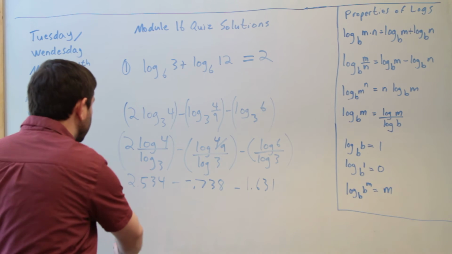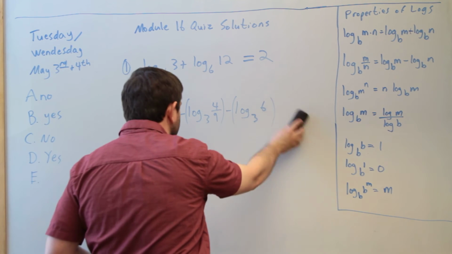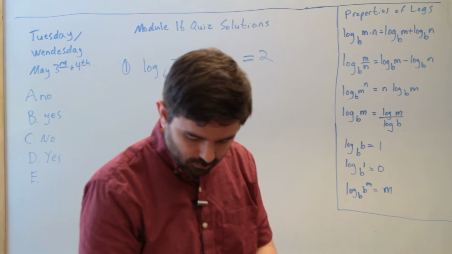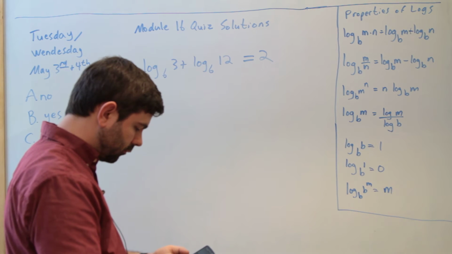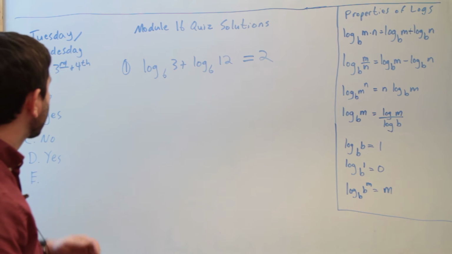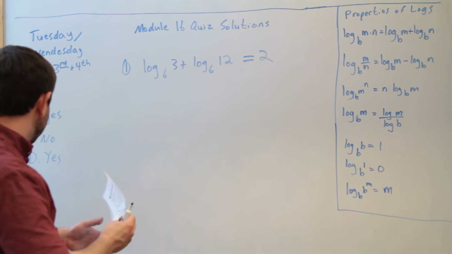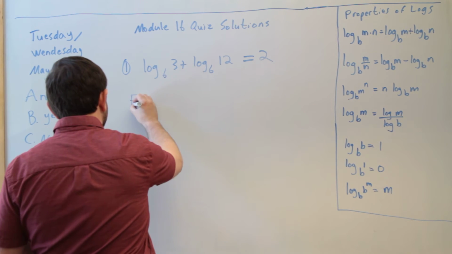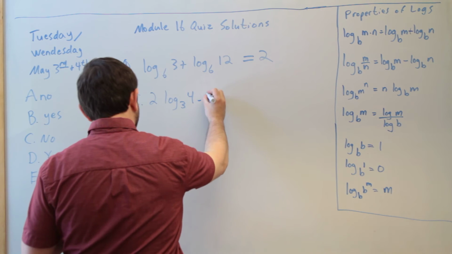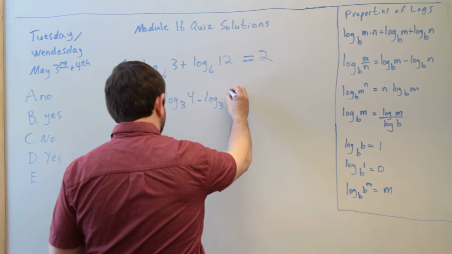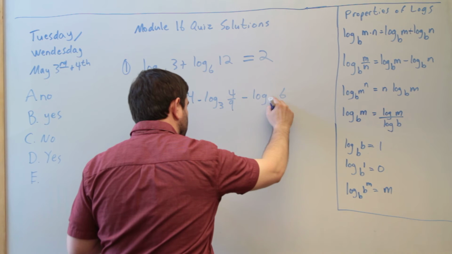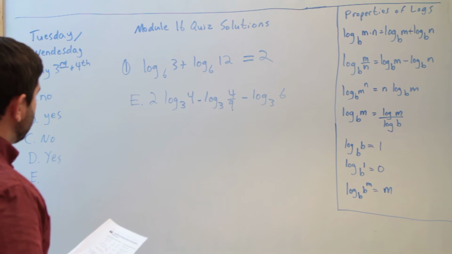Let's tackle this one in a different way. Okay, so let's look at E. E is 2 log base 3 of 4 minus log base 3 of 4/9 minus log base 3 of 6.